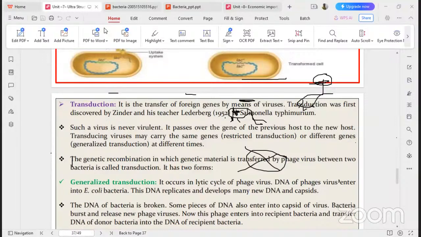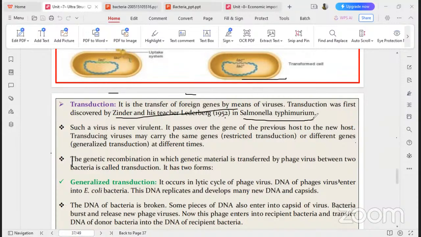Special carriers are there. In the presence of the carriers only, it will be moving from one to the other. Transduction was first discovered by Zinder and Lederberg on Salmonella typhimurium, the typhoid-causing bacteria.